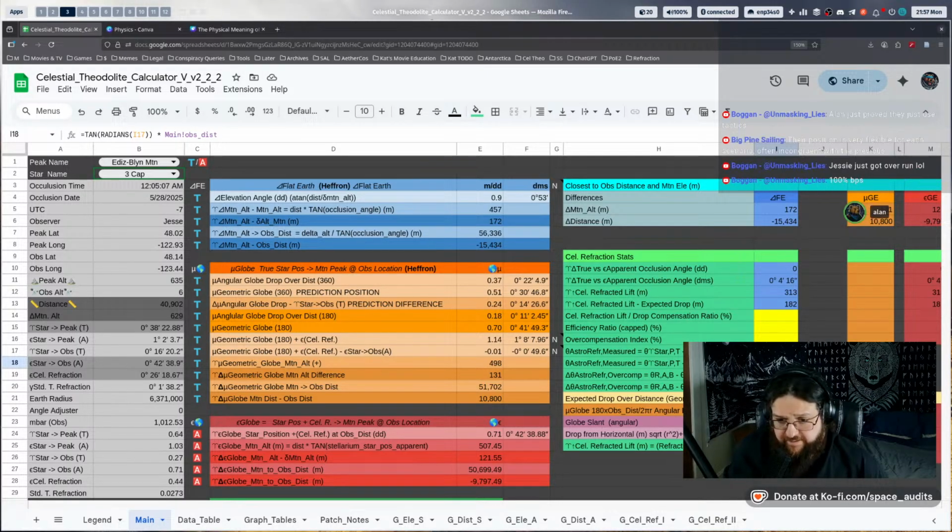Now, what this creates is an overcompensation factor, because the difference between the actual emergence and the predicted emergence based off of the refraction is 11 arc minutes, which is essentially 140 meters. Now, this number is less important. It's this number right here, because this is the actual amount of refraction that lifted the star and or caused the occlusion.